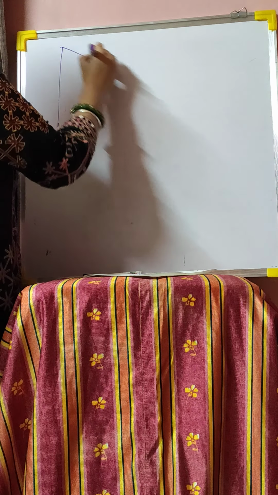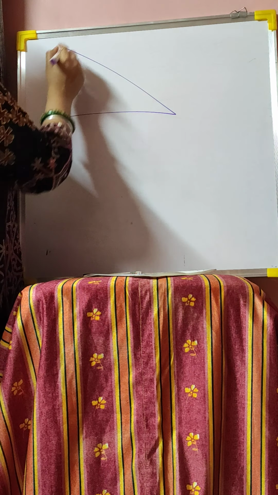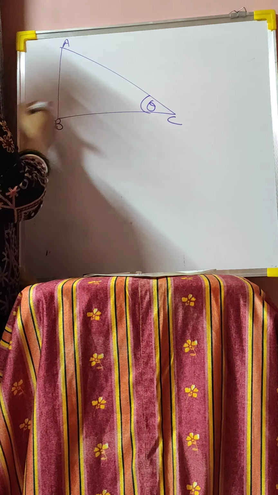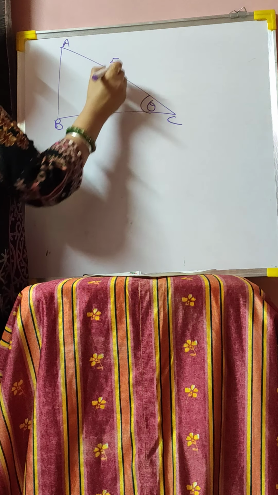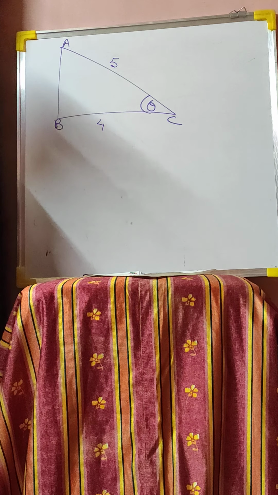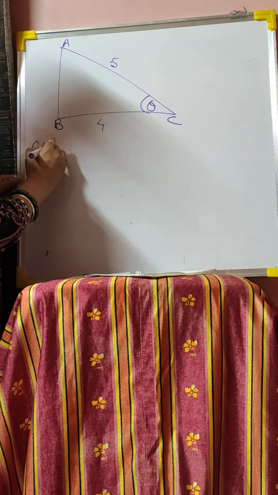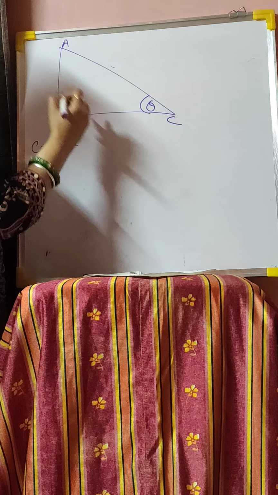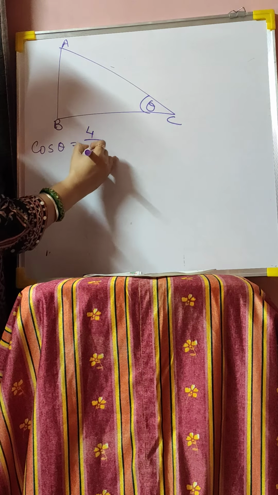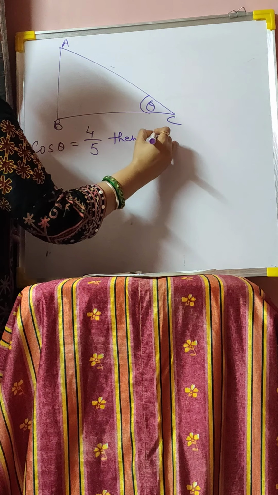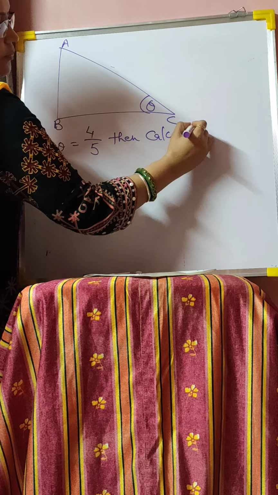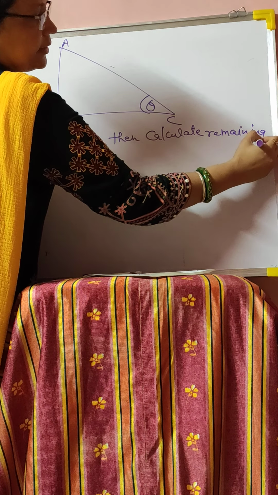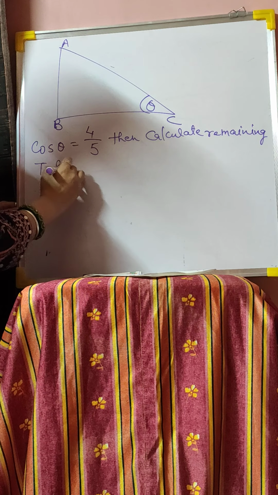If ABC is a right angle triangle and this is angle theta, and this length is 5, this one is 4, and this you don't know, only it is given, if cos theta is equal to 4 by 5, then calculate the remaining T ratios.